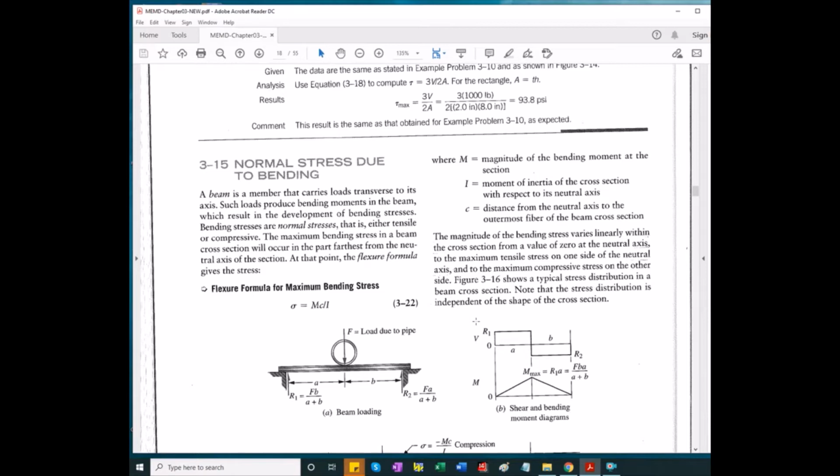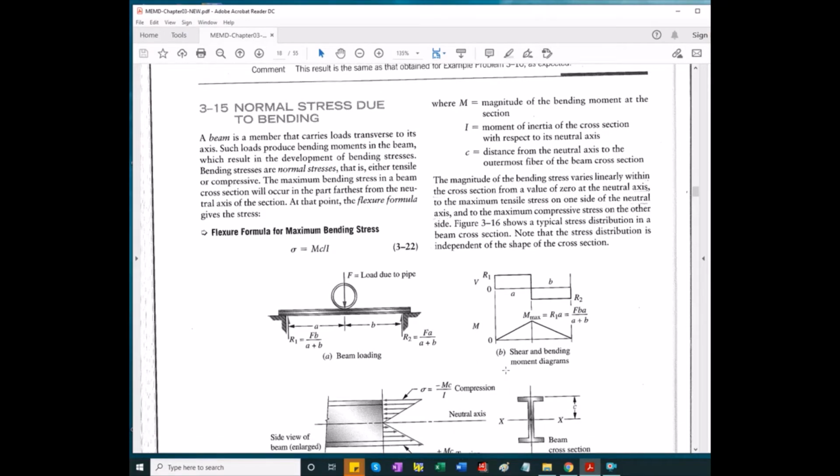Okay, bending stresses. The well-known flexure formula allows us to calculate the maximum stress caused by bending anywhere we know M, coming from the bending moment diagram.